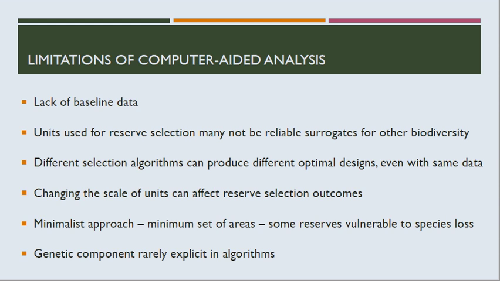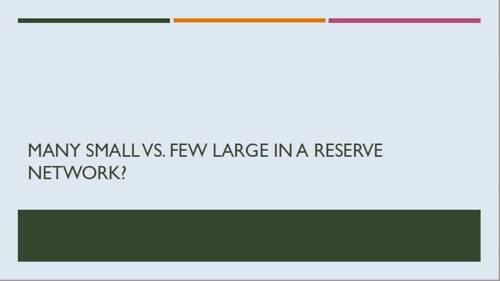It really depends. Different places it's going to be best for different areas. So different species may need many small. Other more widespread generalist species would need a single large. And it's quite often a combination of both which is required in your reserve network.